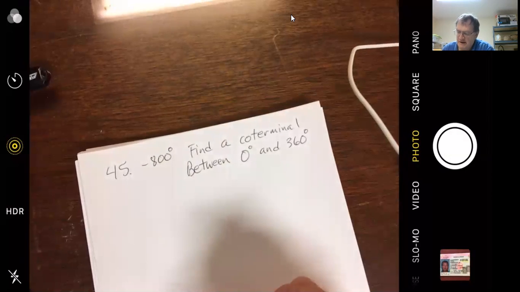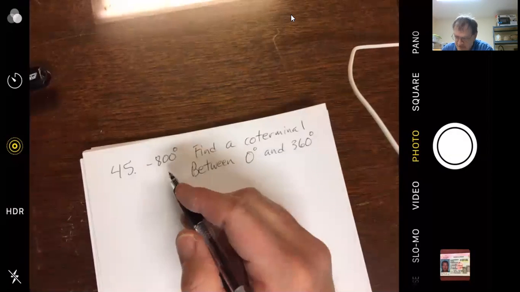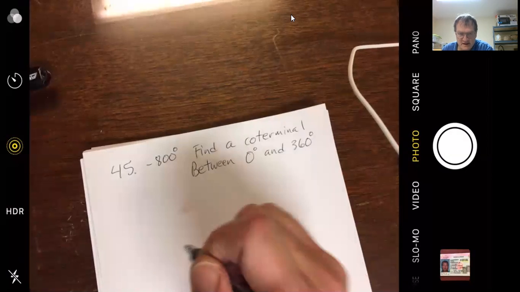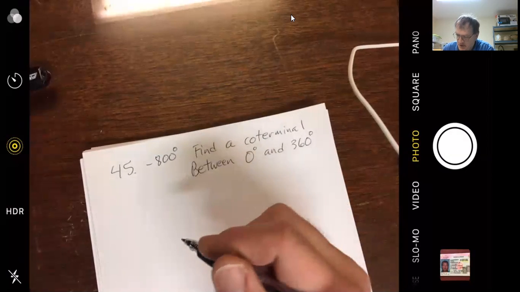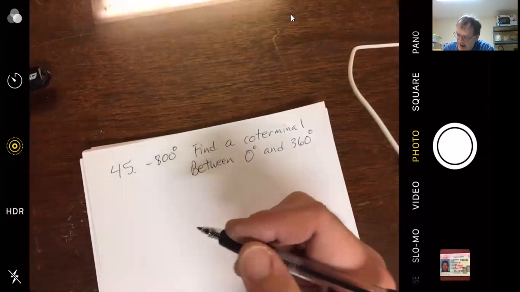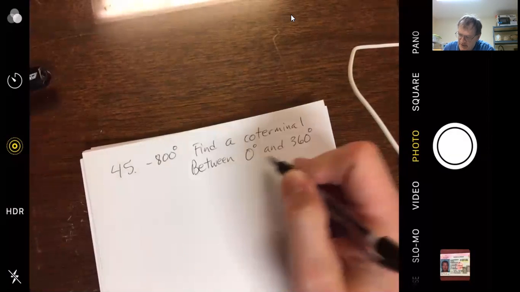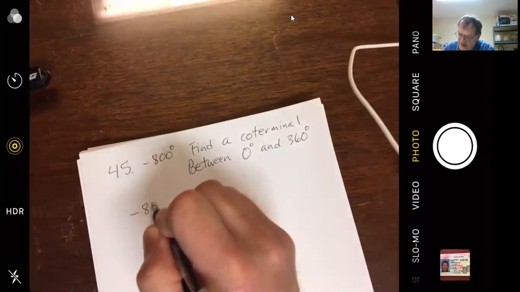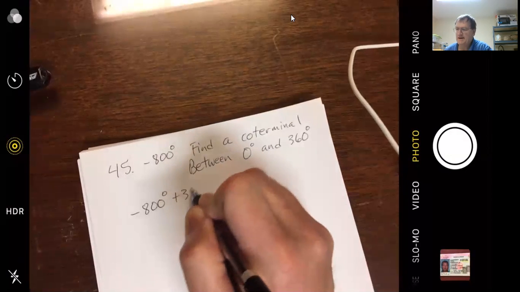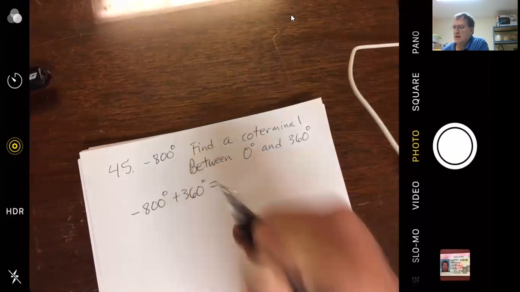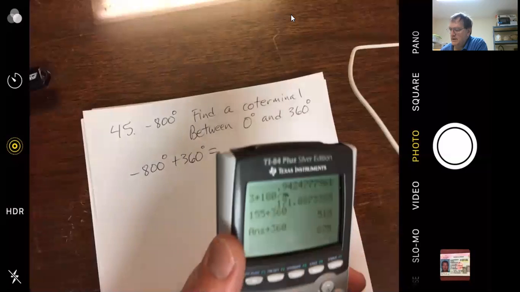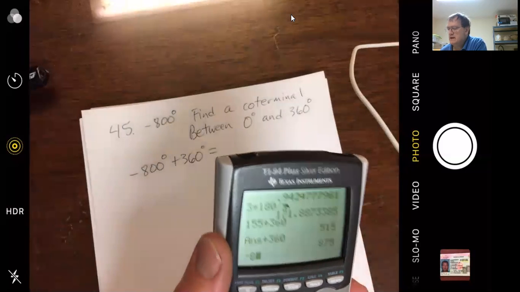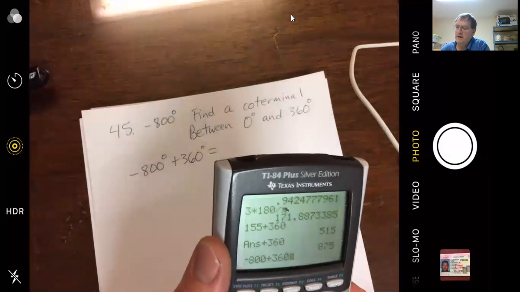All right, wherever negative 800 is, without drawing the picture and figuring it out, it's hard to know. But we're going to add 360 to negative 800 degrees. Add 360, and we're at negative 440.